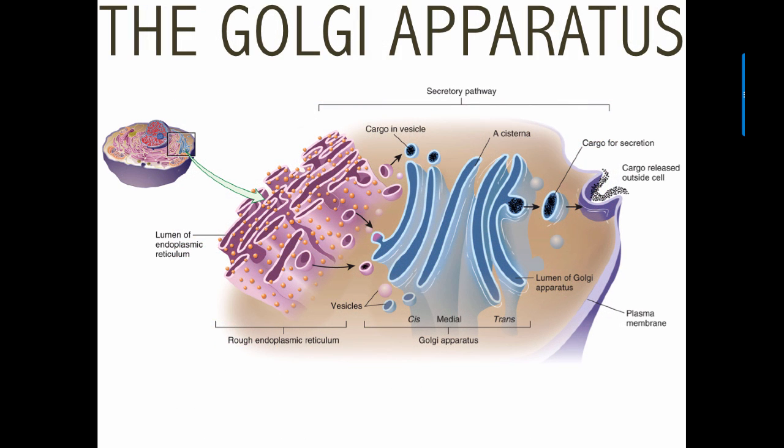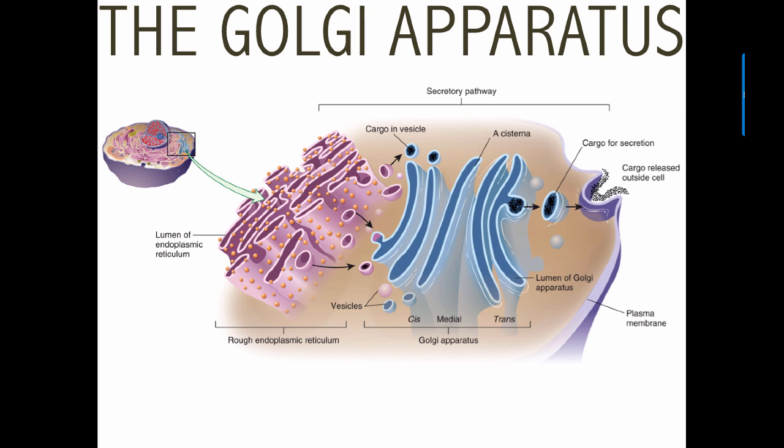As we move away from the nucleus, we have a structure called the Golgi apparatus, named after an Italian scientist. One of the functions of the endoplasmic reticulum, shown over here on the left as rough ER, is to send proteins that get made on the ribosomes in the rough ER to the Golgi. In the Golgi, there is a lot of biochemical modification of those proteins, such as the addition of sugars.